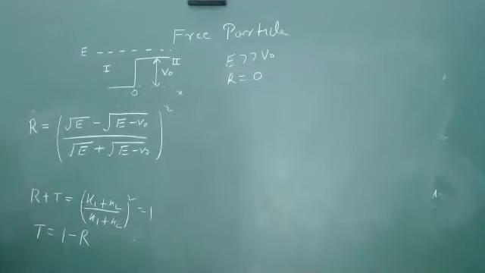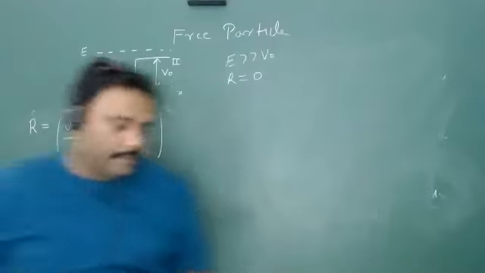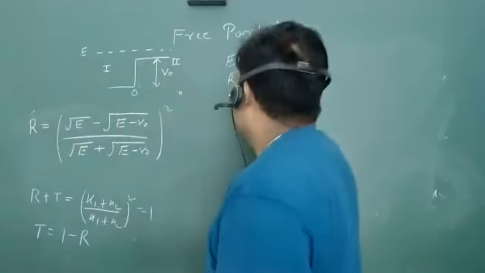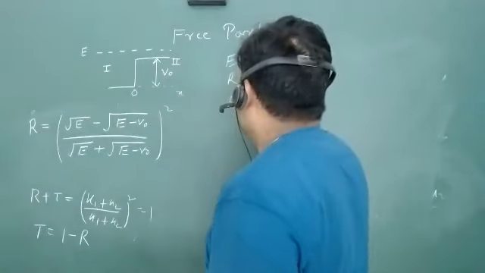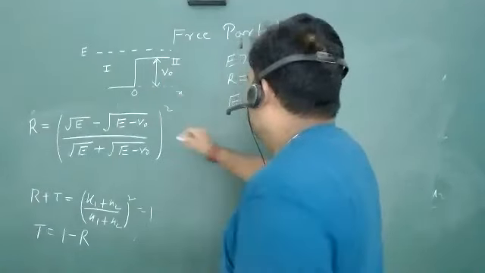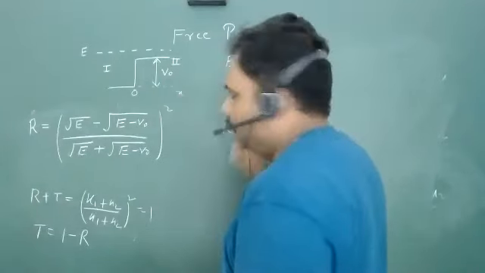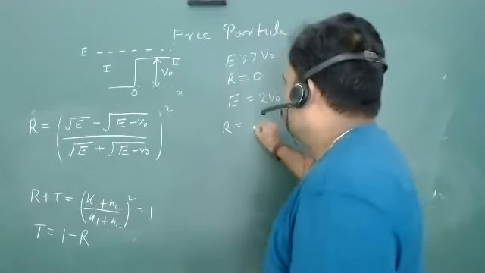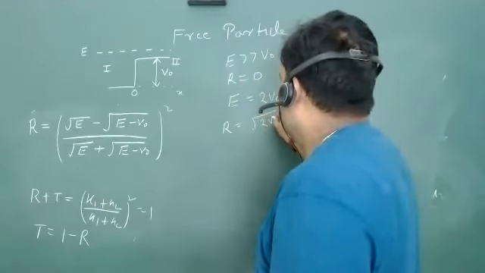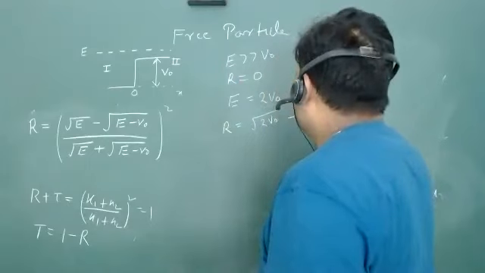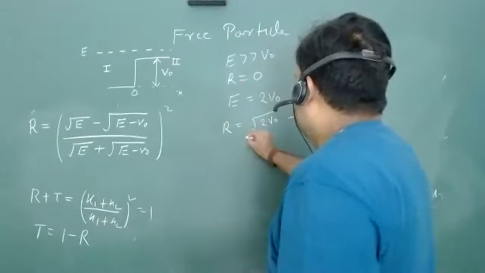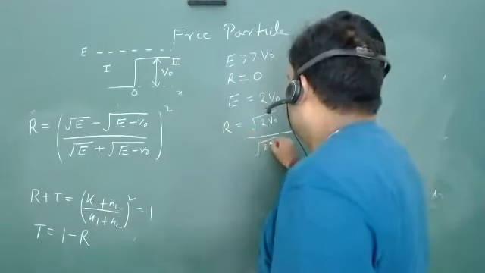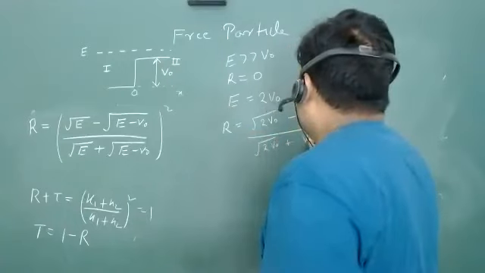And suppose in the second case, I have taken E equal to 2 times V naught. Then what is the reflection coefficient? You can easily calculate. The reflection coefficient is (root 2 V naught minus root V naught) upon (root 2 V naught plus root V naught).